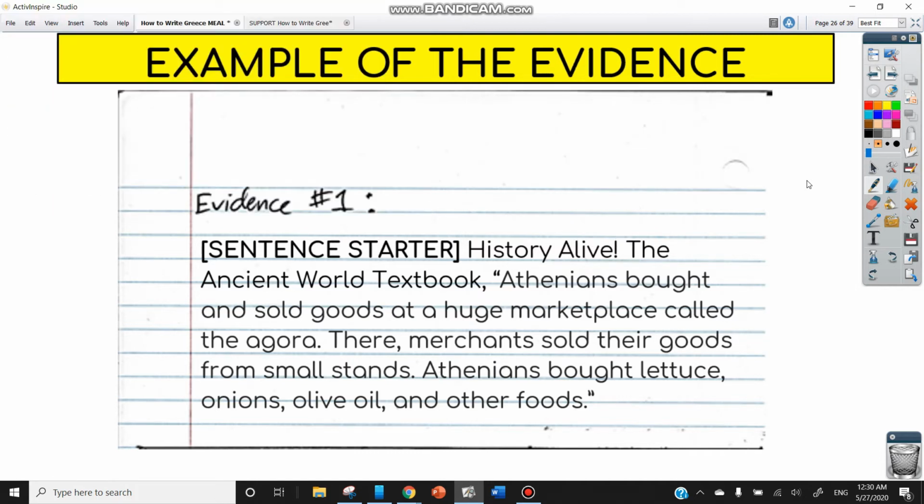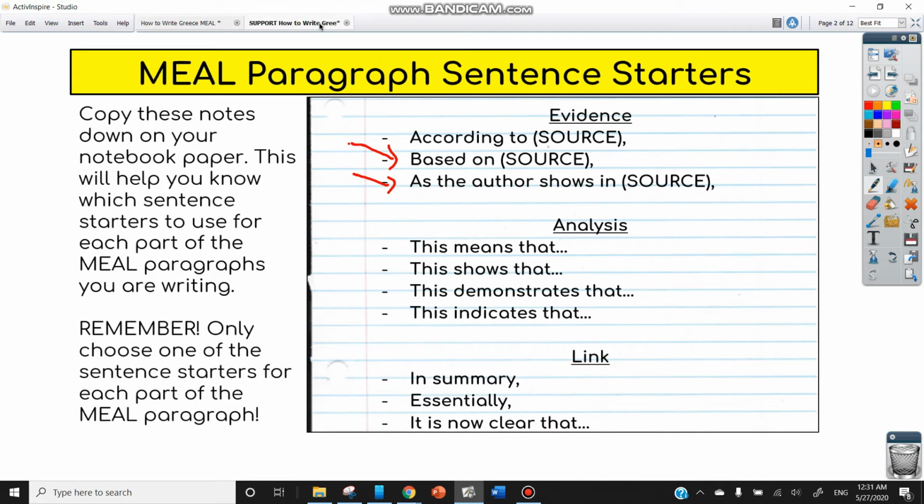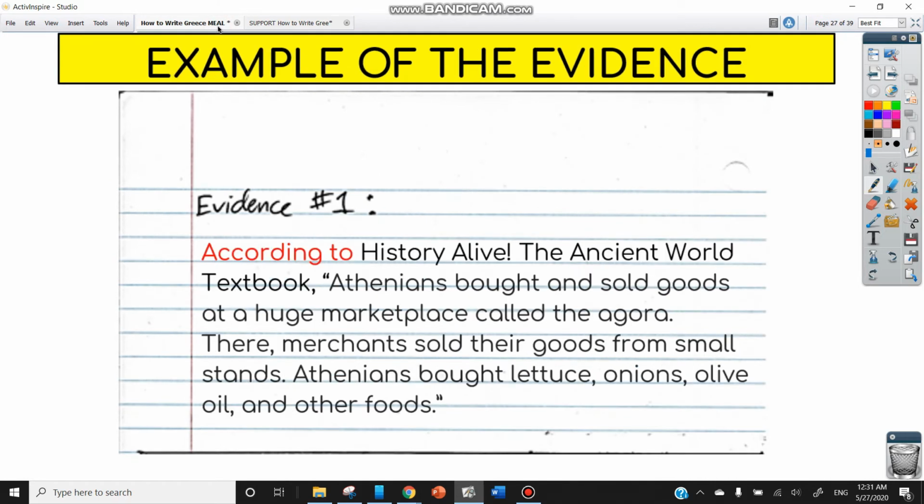And of course it's missing a sentence starter, so of course you would need to reference the notebook paper that you wrote earlier with the sentence starters. Here are the different sentence starters available for this evidence. So I believe for this example we simply chose according to.